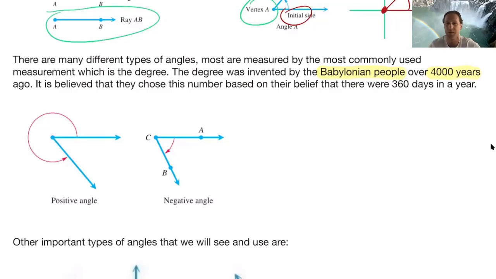We are the center of the earth. And they came up with 360 days for that one cycle to come around. Pretty amazing. A lot of people argue the fact that it was just that. It also could have been that they believed that 360 was a really good number because there are a lot of divisors and so on and so forth. But if you're more interested in the history, check it out.